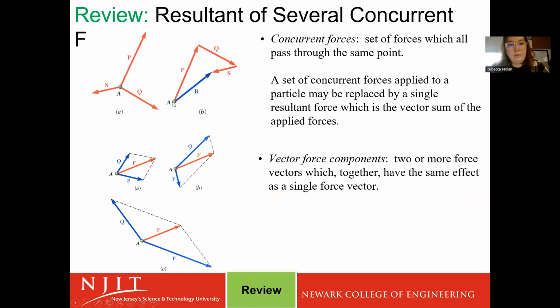In this case, we have P with a positive X, positive Y, Q with a positive X, negative Y, and S is going towards our third quadrant, so it's a double negative. That's why our resultant is shorter, because they're not in complementary directions or adding to each other, right?